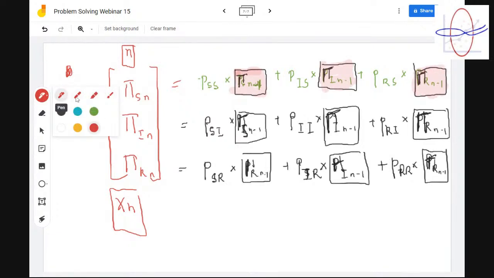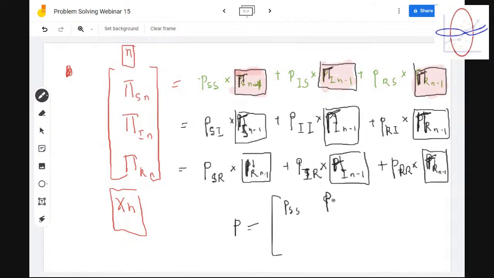Understand that if you take this as a P matrix, that is equal to PSS, PIS, PRS; here PSI, PII, and PRI; and PSR, PIR, and PRR.